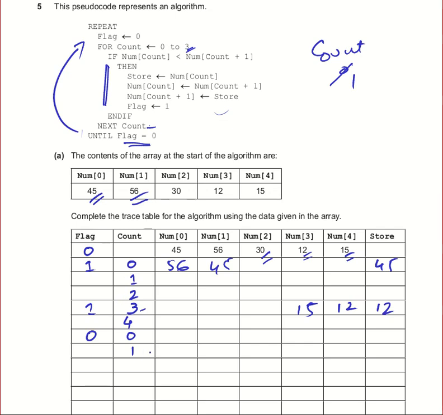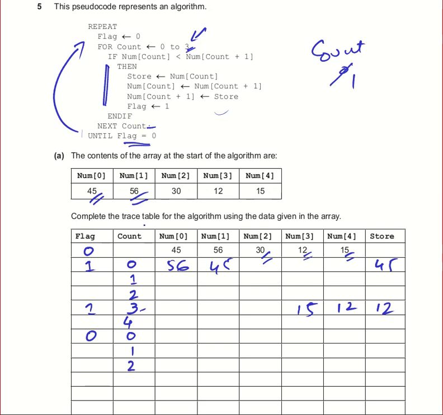It has not gone past 3, which is written over here. So if num count, the count is 1, if num1 is less than num1 plus 1, which is 2, is 45 less than 30? No, it's not. Again skip these steps, jump to next count, increase the value of count by 1.